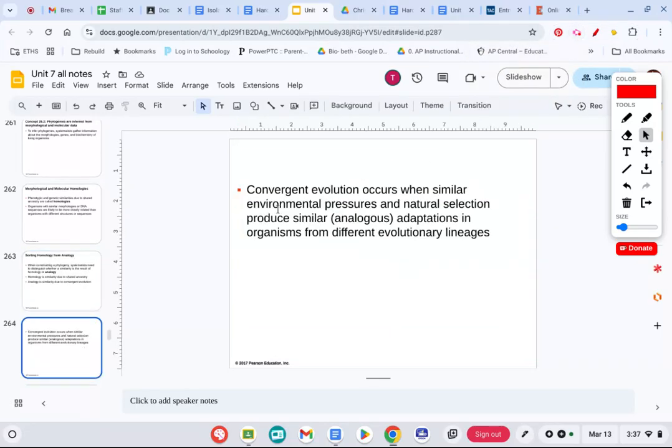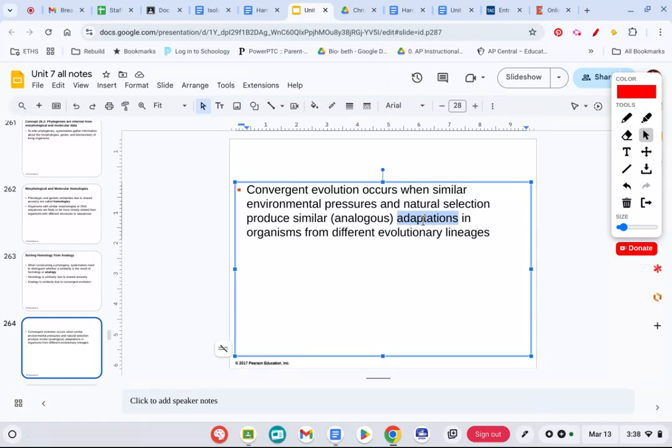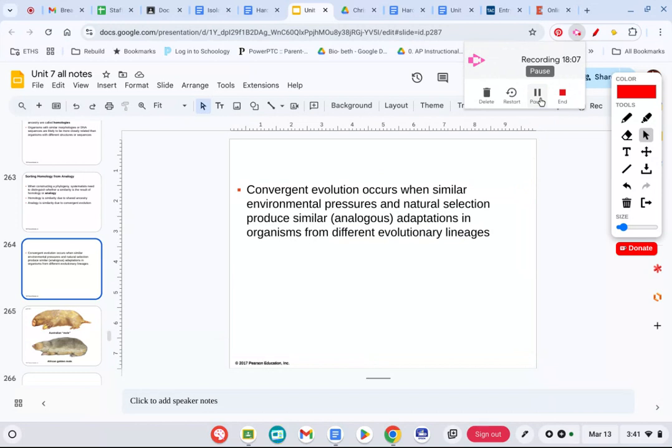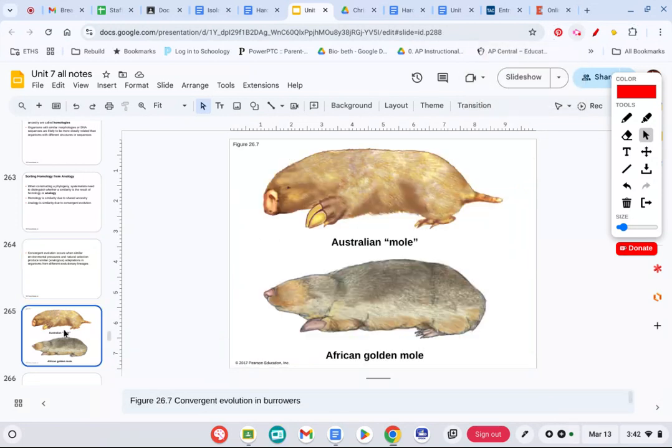And so convergent evolution occurs when similar environmental pressures and natural selection produce something similar, adaptation-wise, but it came from different evolutionary lineages. To illustrate that point, if you look at this next slide, I've got a couple of what are called, quote, moles. I don't know why the one is in parentheses. They look identical to each other, but one came from the continent of Africa and one from the continent of Australia.